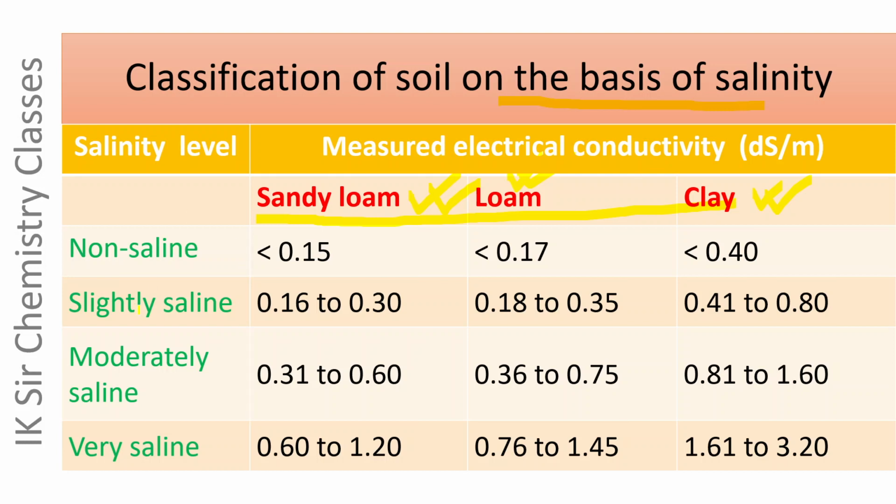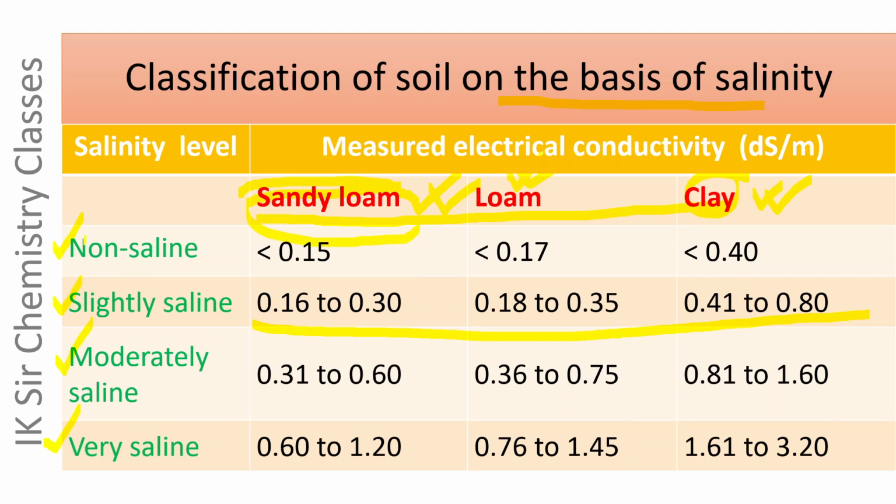While soil can also be classified on the basis of salinity: non-saline soil, slightly saline soil, moderately saline soil, and very saline soil. It is obvious that the soil salinity increases from sandy loam to clay. Clay has the highest soil salinity, while sandy loam has the lowest soil salinity.